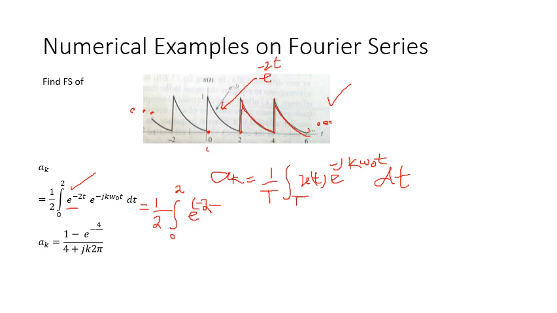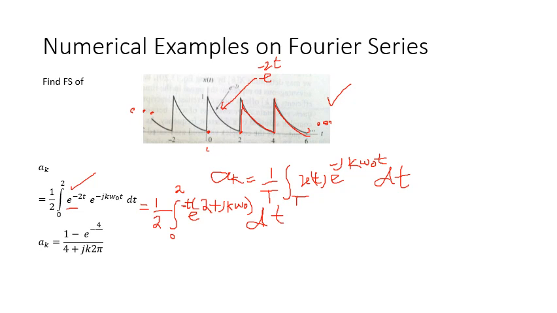When you take the t common, you are left with minus 2, or maybe we take minus t common, so we are left with 2 plus j k omega naught. So you're left with this one, and this is your dt.